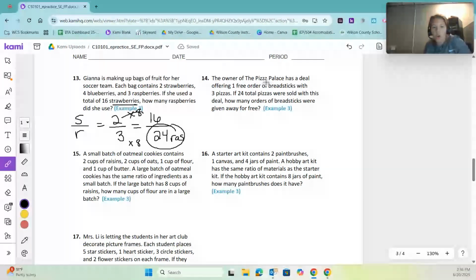The owner of Pizza Palace has a deal offering 1 free order of breadsticks with 3 pizzas. If 24 total pizzas were sold with his deal, how many orders of breadsticks were given away for free? So 1 breadstick for 3 pizzas is how many breadsticks for 24 pizzas?